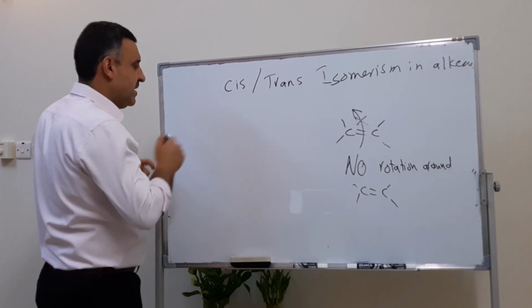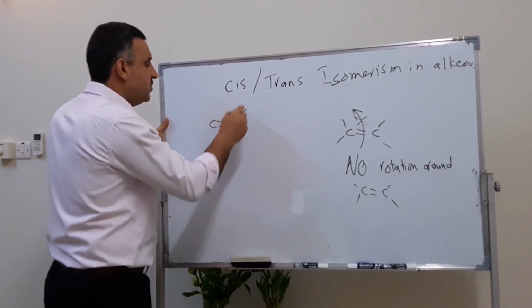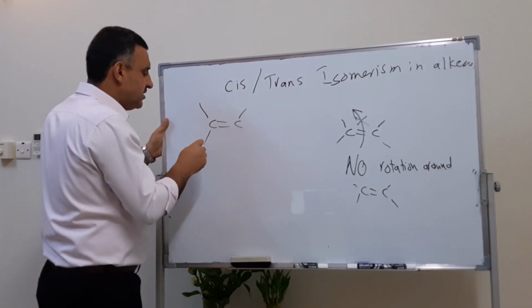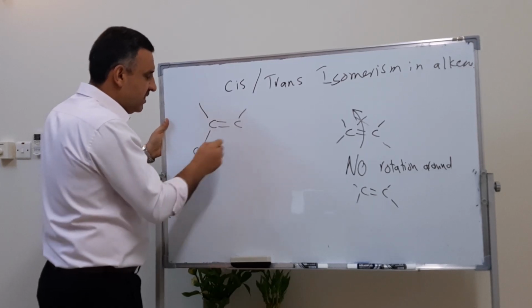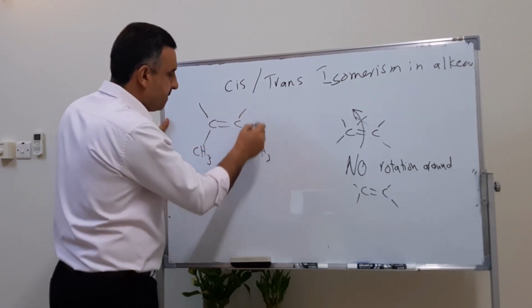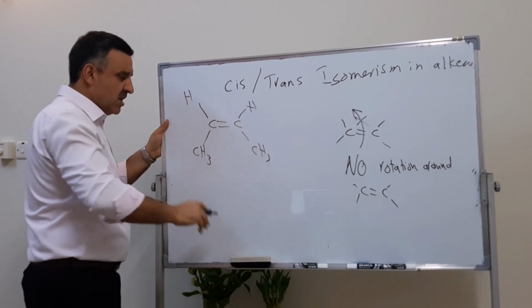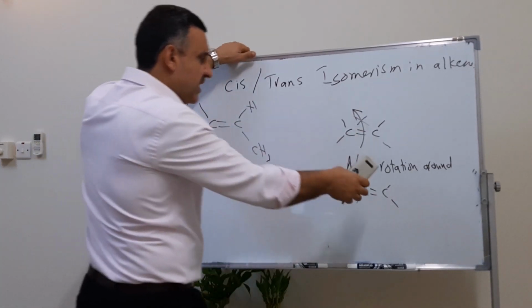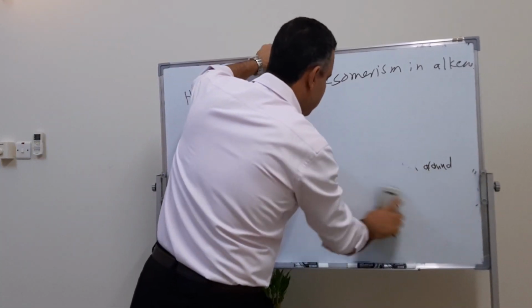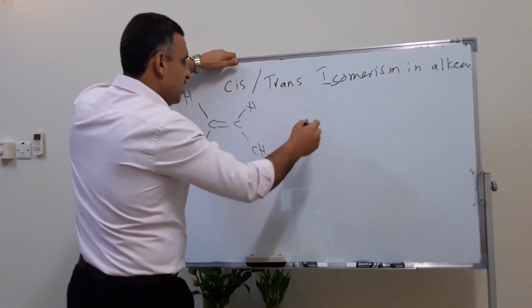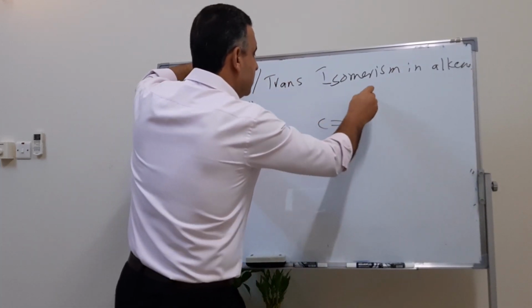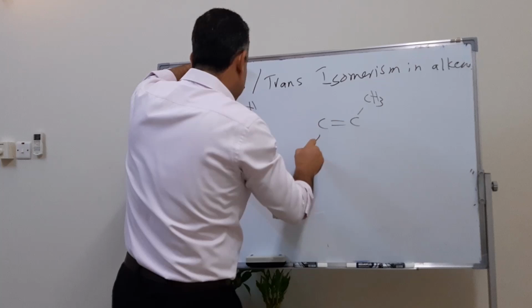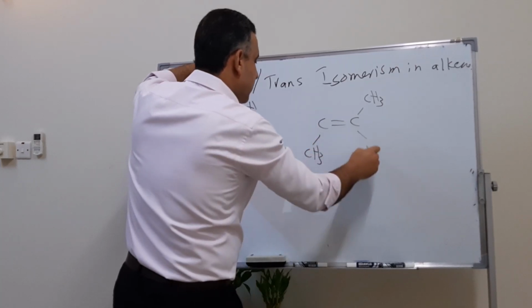So for example, now when we have two substituents here, for example here, we have a methyl and hydrogen. Because of the restriction of free rotation around carbon double bond carbon, we have two compounds which can have the same formula, CH3, then hydrogen.